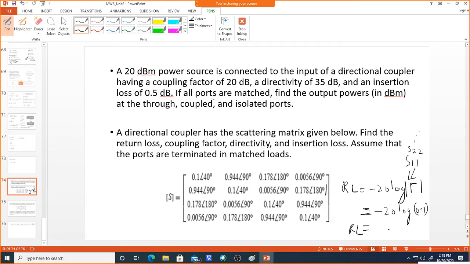What is the value of the return loss? Calculate and tell me.